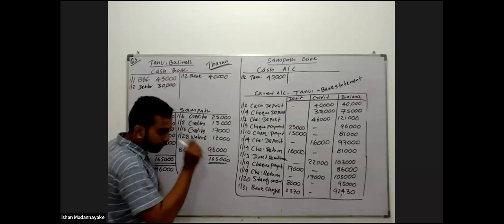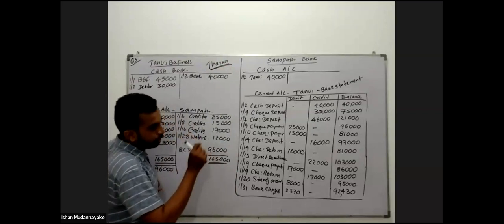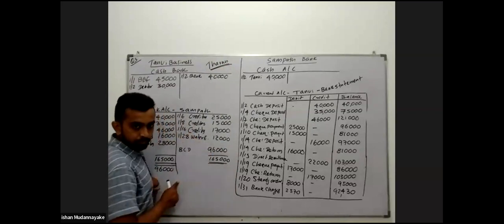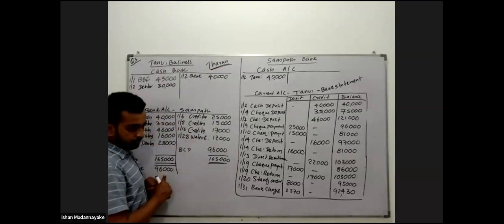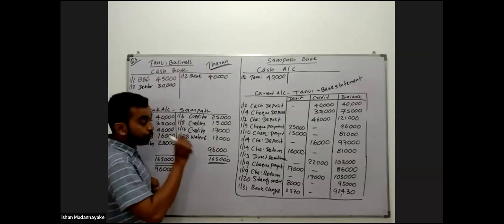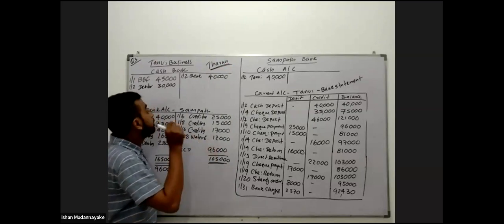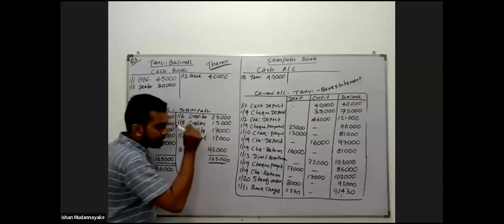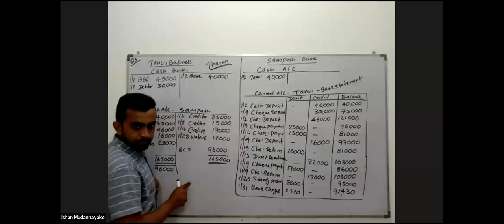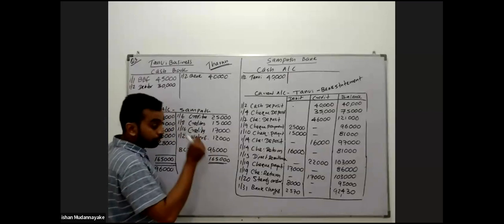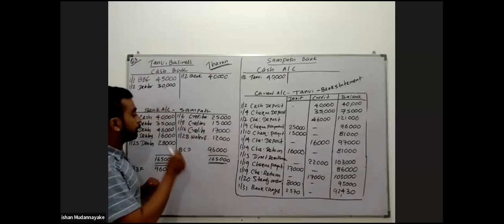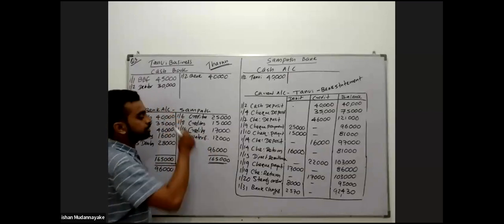According to the bank statement, the balance is 92,430. According to the bank account, 96,000. Now Tarun needs to cross check the bank account and the bank statement. If Tarun has made some mistake, then Tarun needs to adjust it in his bank account.